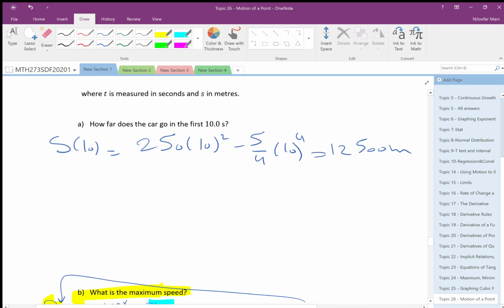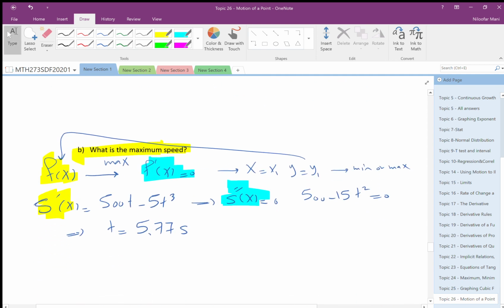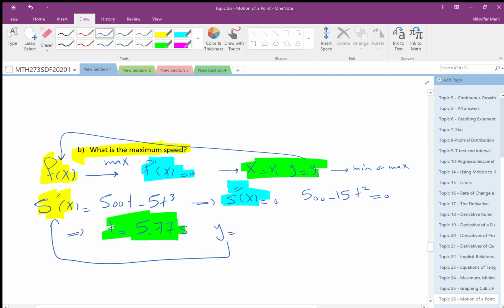Am I right for seconds? Yes. Okay, when I find this, I'm finding this one. Now if I want to find y, I have to substitute here because it says maximum speed. Speed is my function now. Speed is what I start with.